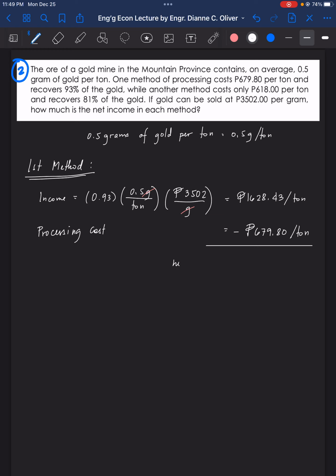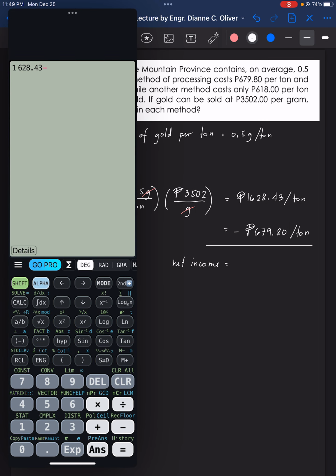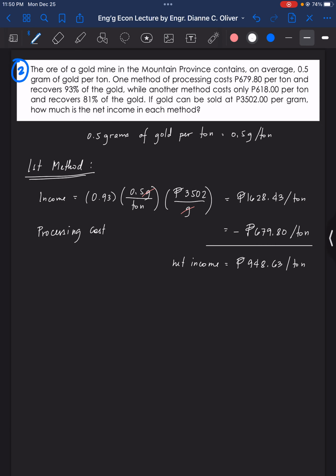Net income is now equal to 1628.43 minus 679.8. That is 948.63. 948.63 per ton. So that's the net income for the first method.